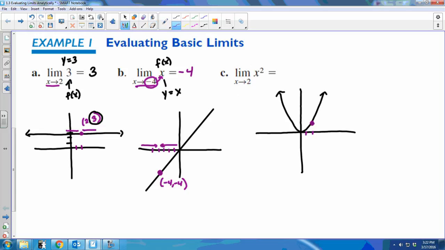All you need to do is take 2 and substitute it into the equation. So you have 2 squared, and that's 4. So the limit value is 4. Again, you can directly substitute. You take the x value that you're looking for, and you substitute it into the function. That's all you have to do. If there's no holes or gaps or asymptotes, that is a perfectly sufficient way of finding the limit.